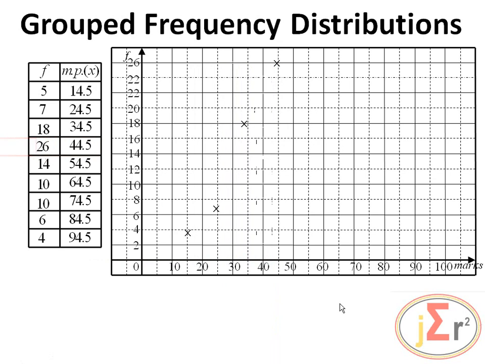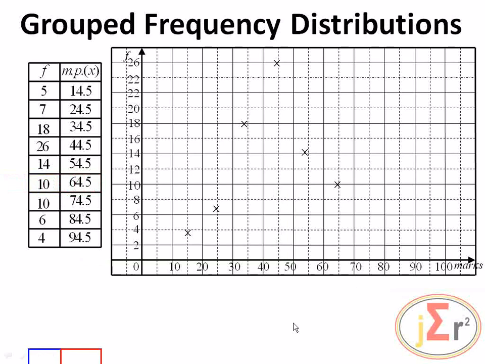And we are going to move merrily on to 14 for the frequency and 54.5. So we go to 54.5 first, then we move up to 14 and we make our mark right there where the point should be. And we have the first of our pair of tens. 64.5. So we go to 64.5 and then we go up to 10.